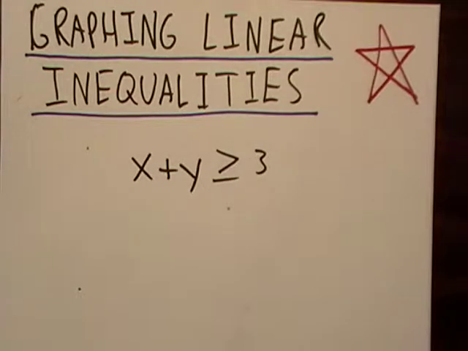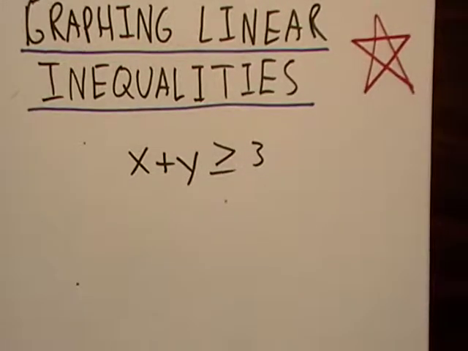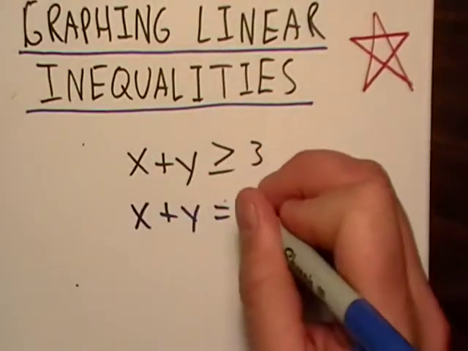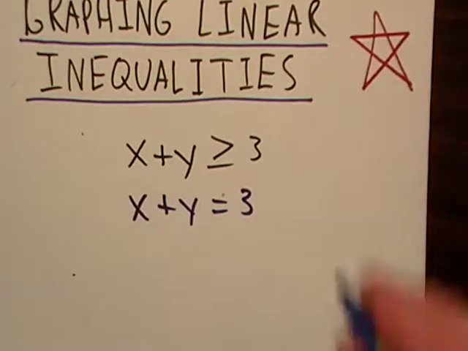Okay, and what that means is all the xy pairs that are going to render this inequality right here greater than or equal to 3. So first thing we'll do is switch this back to what we're familiar with, x plus y equals 3, and let's graph it.